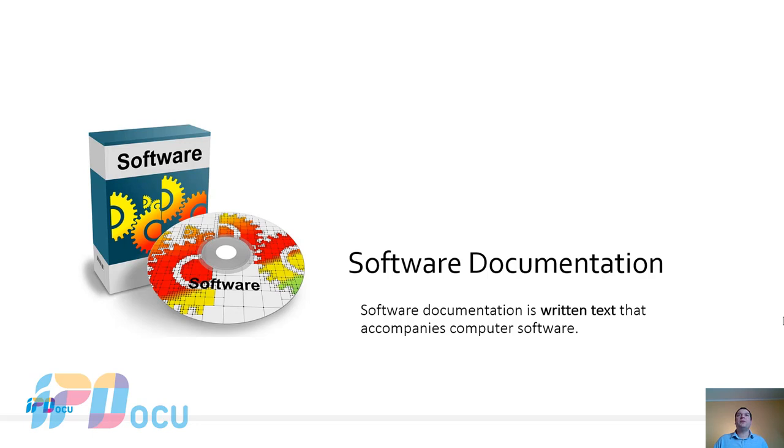The software documentation is a product deliverable by itself. It is not the software. It is something you deliver together with the software, which makes the software documentation a product by itself.